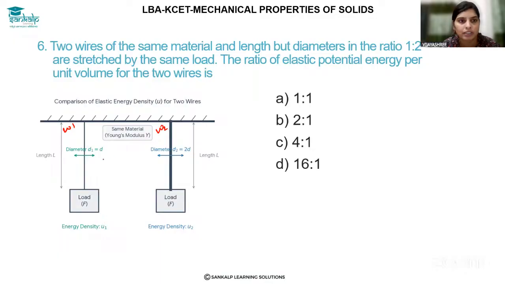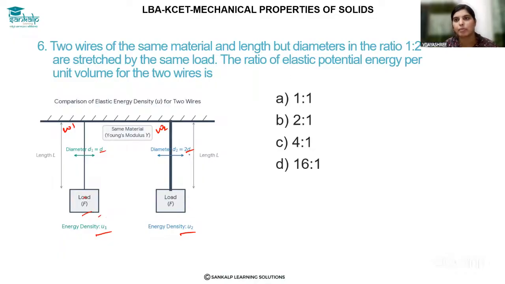The diameter ratio is 1:2. So if D1 equals D, then D2 equals 2 times D. Both wires have the same length and the same load is applied. So energy density U1 is to U2 equals question mark. Energy density means elastic potential energy per unit volume, which we need to calculate.